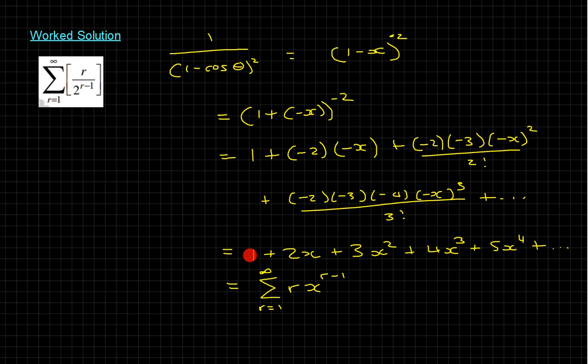And the first coefficient is 1, which lines up nicely here, r equals 1 in the first instance. So therefore, what we've actually got, if we want to just answer the original hint, 1 over 1 minus cos squared, that's the same thing as the sum from r equals 1 to infinity of, hang on, what was I saying here?